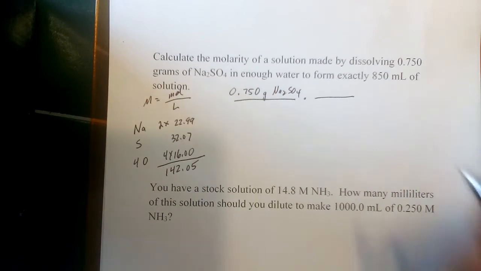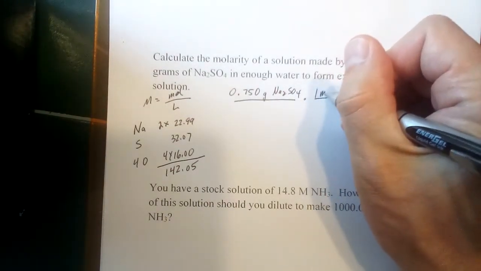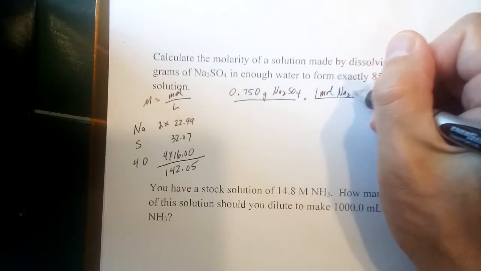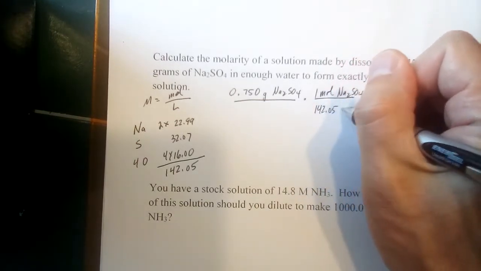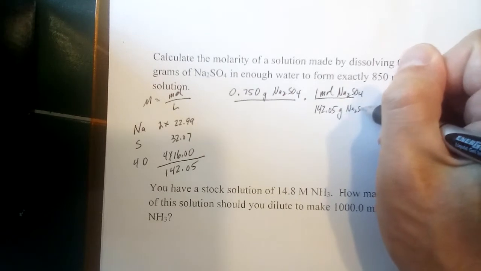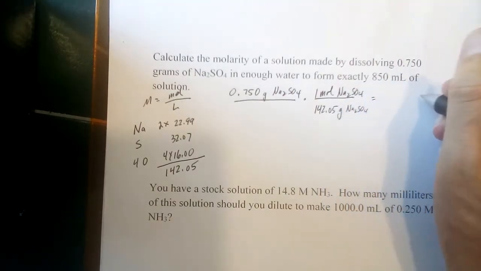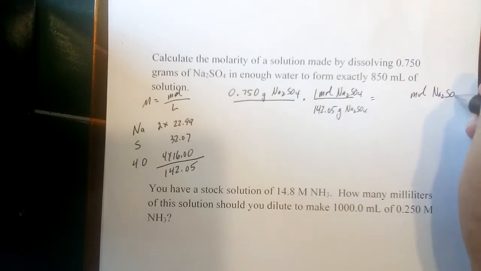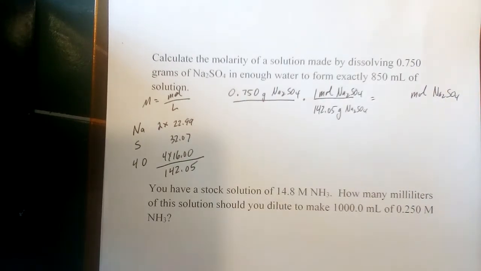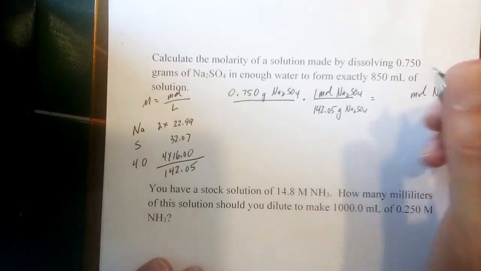That would mean that 1 mole of sodium sulfate weighs 142.05 grams. And that would give me moles of my solute, the sodium sulfate. So 0.75 divided by 142.05 is 5.